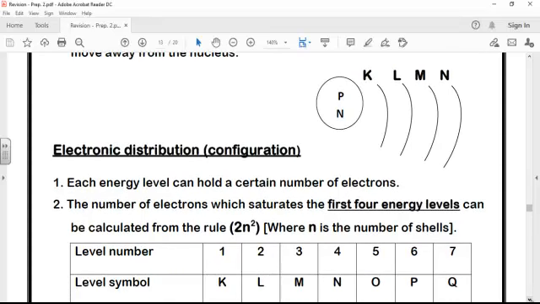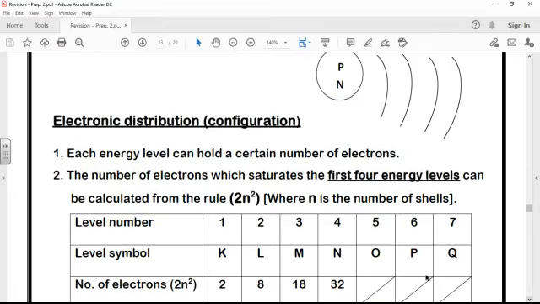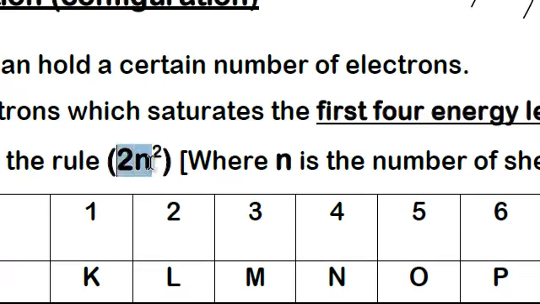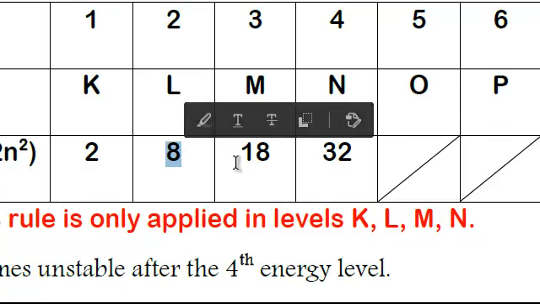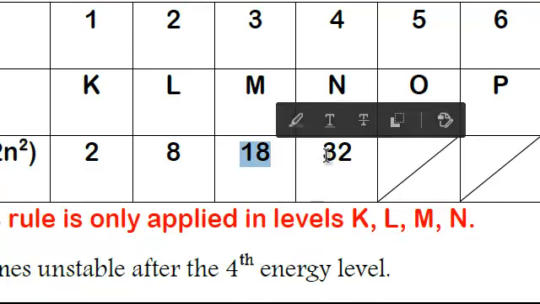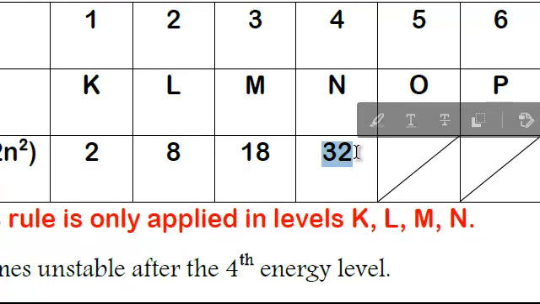I put these electrons according to the rule 2n², as you can see here. If you apply it, you find K carries 2 electrons, L carries 8, M 18 and N 32.